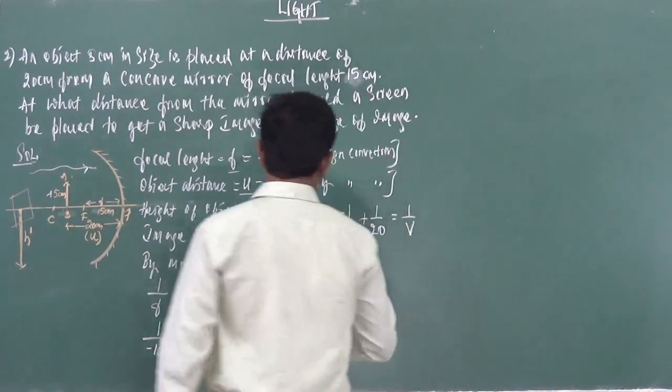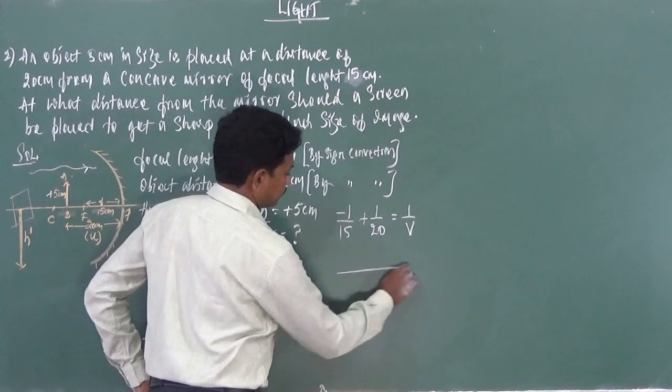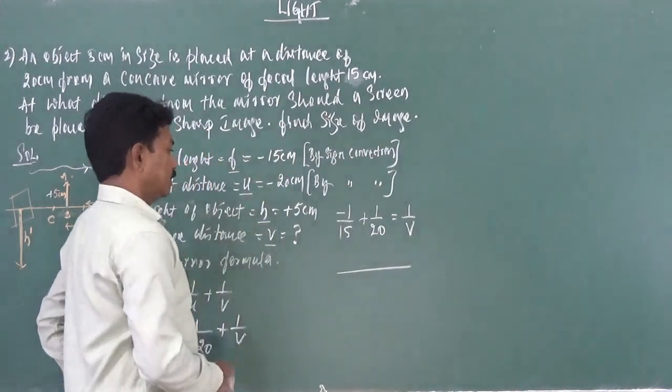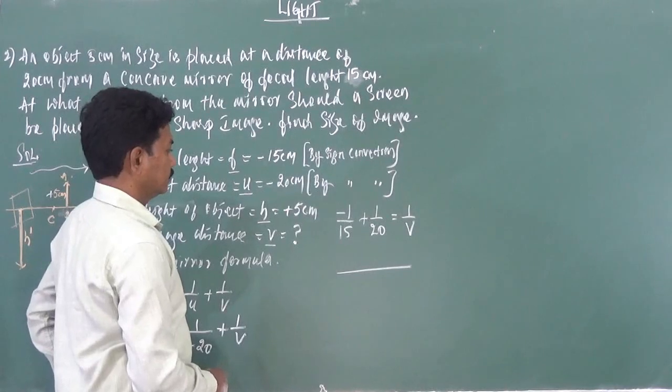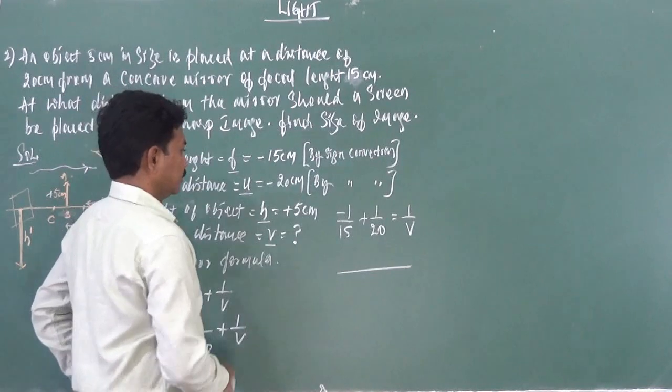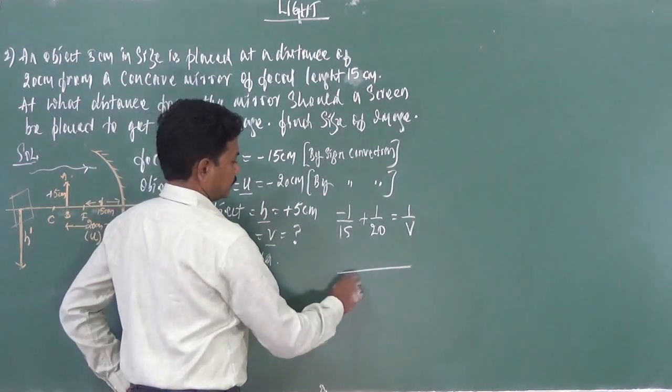Right. So here for 15 and 20. Right. So we will go with the LCM for 15 and 20.